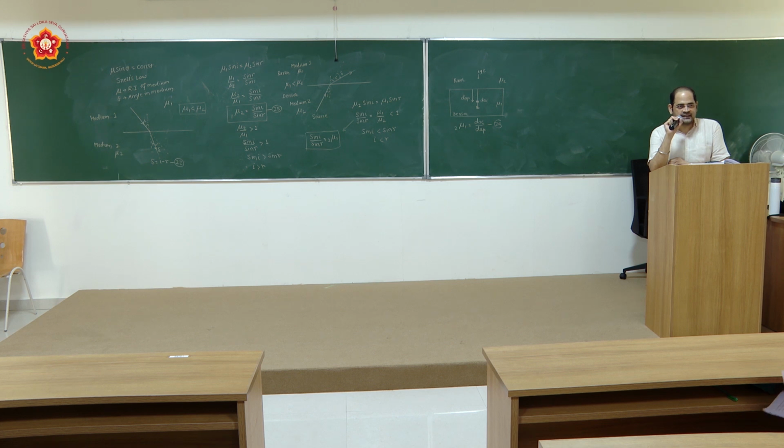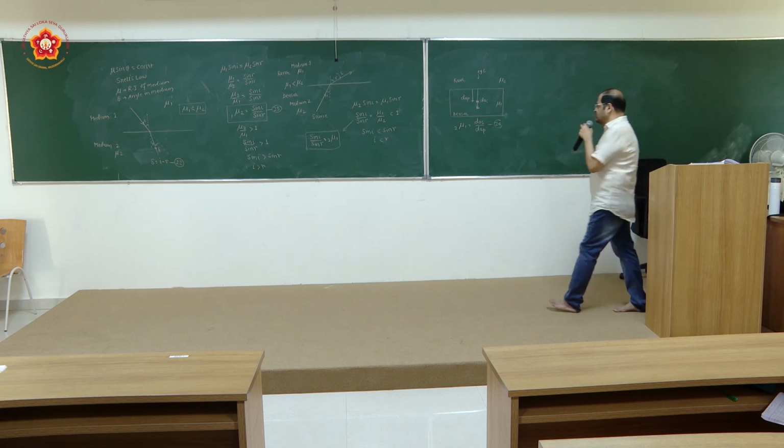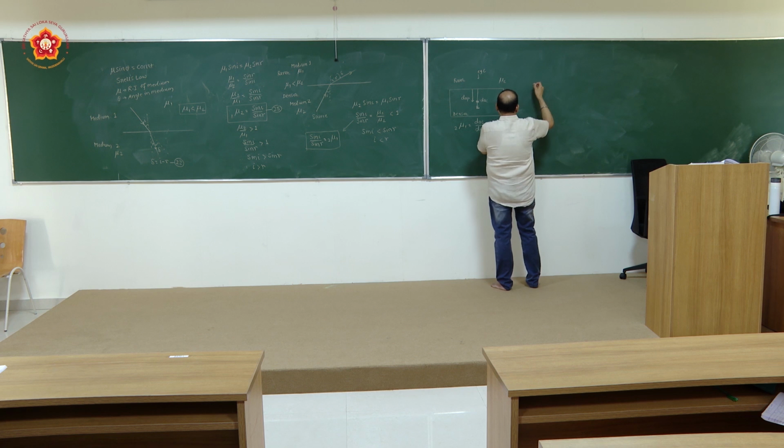So this is the second case for no refraction. If you are able to see that angle of incidence and angle of refraction both are equal, then there is no refraction. Is it possible? Yes, it is possible. How and where it is possible, you can check it on the board.